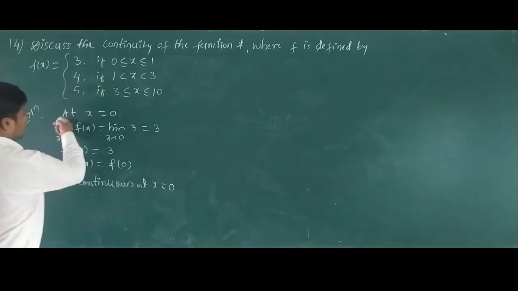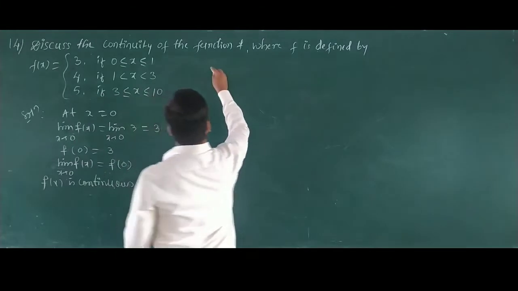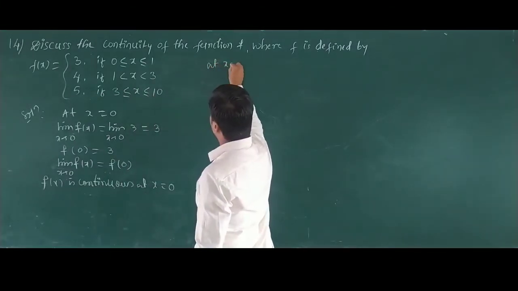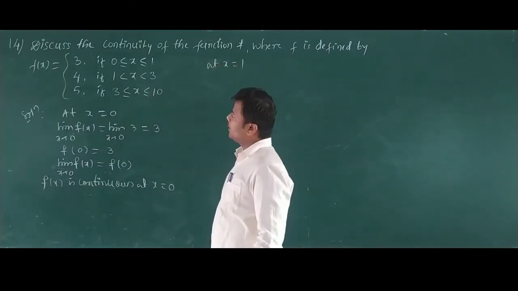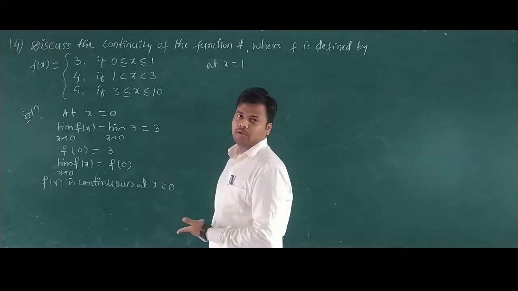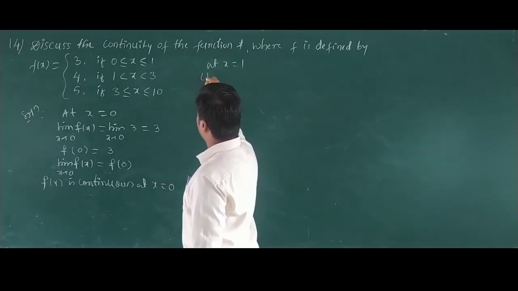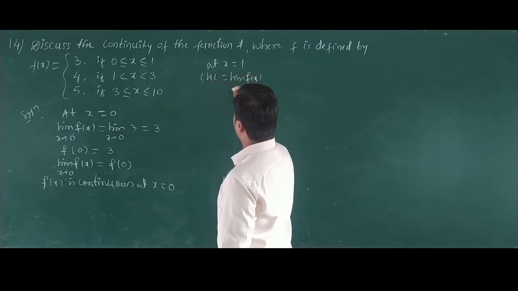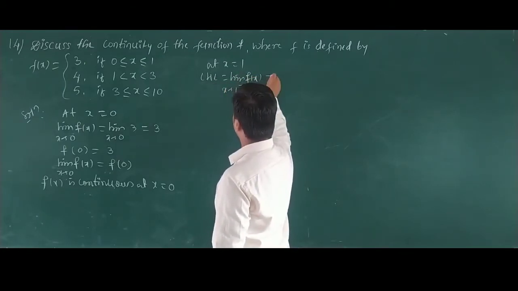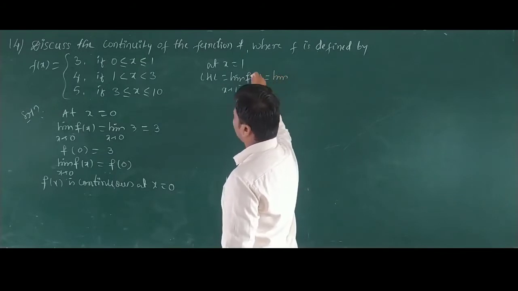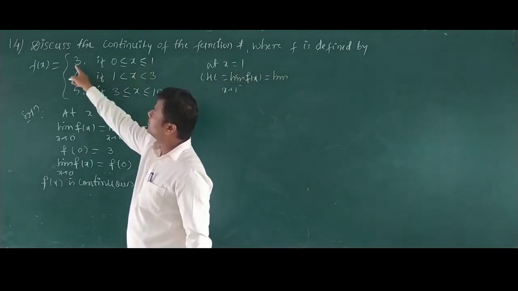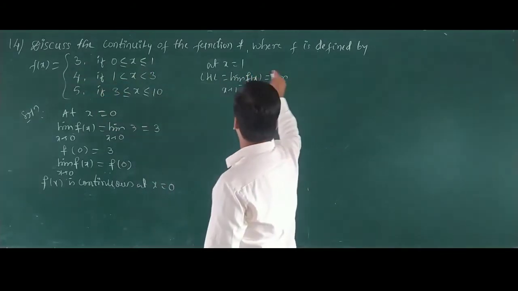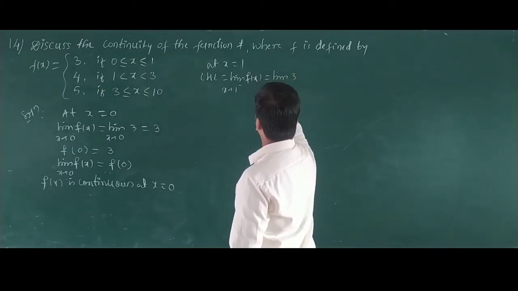Case 2, next at x equal to 1. At x equal to 1, LHL is defined, RHL is defined. So LHL is equal to limit of f of x as x tends to 1 minus, which is limit of 3 as x tends to 1 minus.